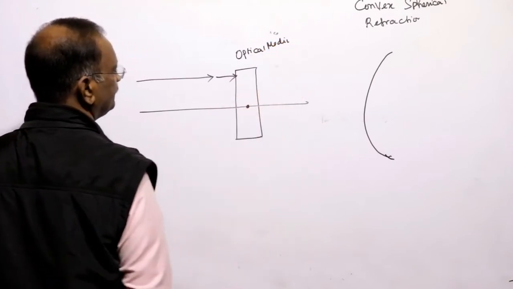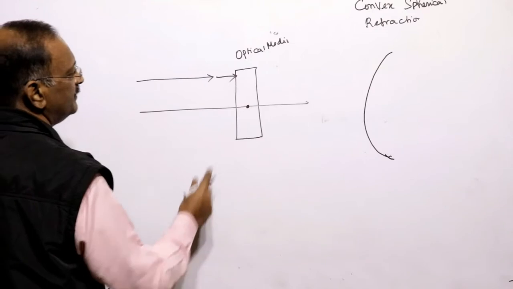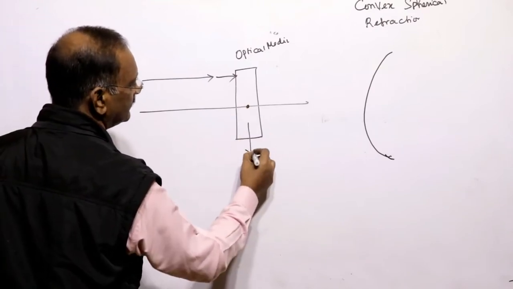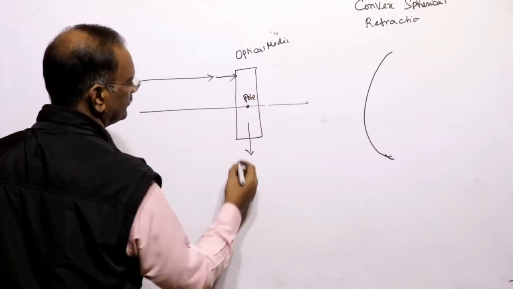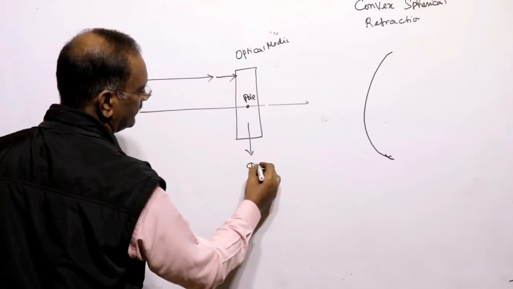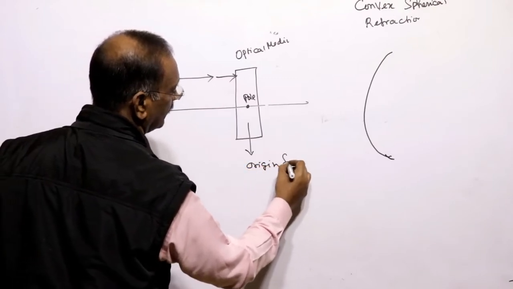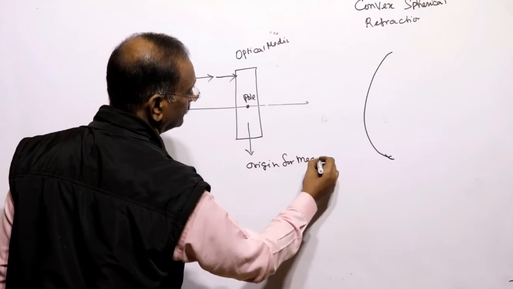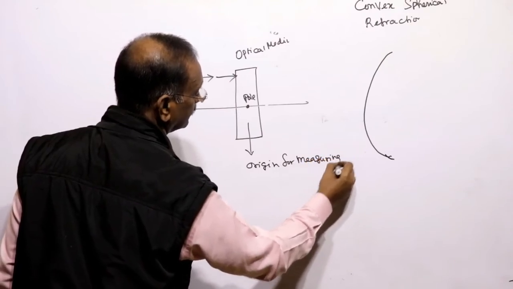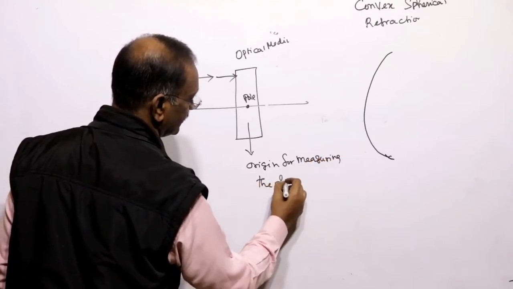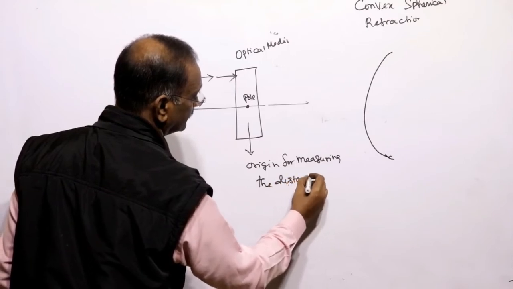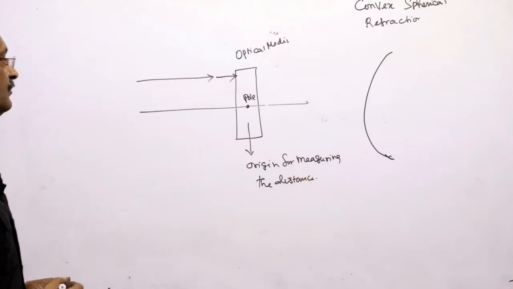From the center, this point which we call the pole, is the origin for measuring the distances. It means the distances are measured from the pole.